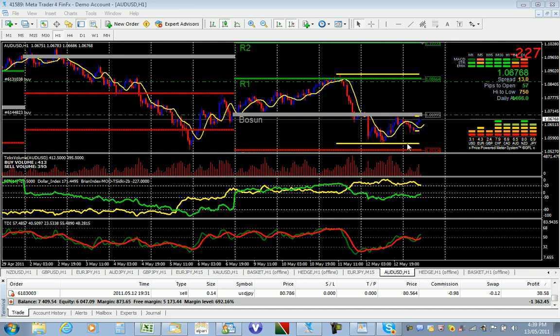Here is the range using the square at 48 setting, and notice how often it hits the lines of support and resistance in Bosun's lines, so that if you're doing rebound trading, you can use these lines to rebound off. You can use Bosun's. I find that these together with them are very good.